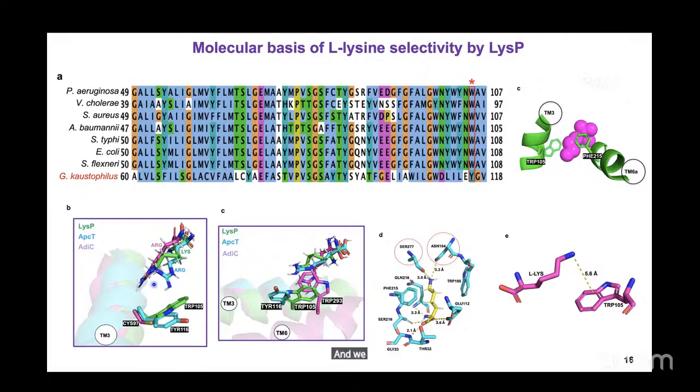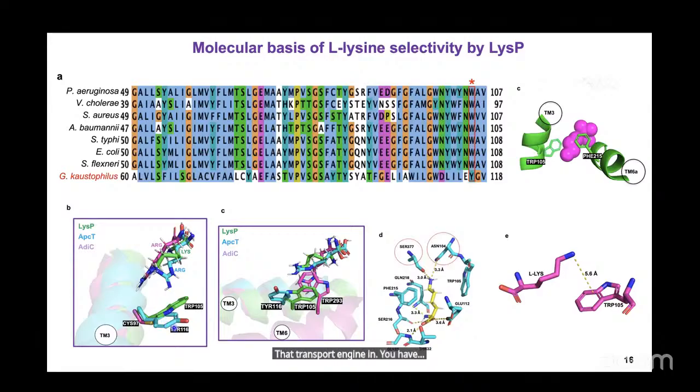And we also did structural alignment of the Pseudomonas LysP, the cationic amino acid transporter, and also the E. coli arginine transporter. As you can see here, the tyrosine is highly conserved, but the tryptophan, which is only in LysP, is a tyrosine in the other two proteins that transport arginine.